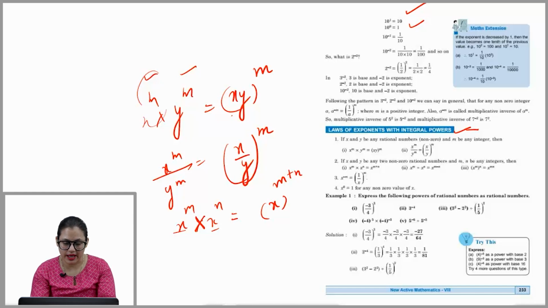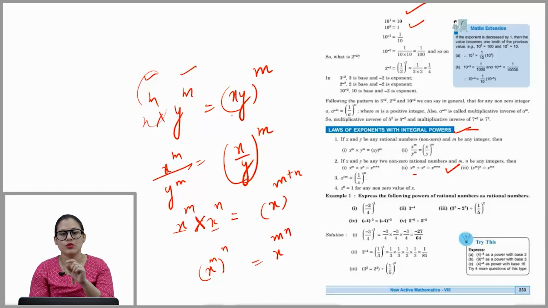Okay, but if there is a sign of division, then we will subtract the powers. Okay, and x raised to the power m, raised to the power n is what? x raised to the power mn. Okay, and x raised to the power minus m is equal to 1 by x raised to the power m, and if x raised to the power 0, 1 is the answer for any non-zero value of x.